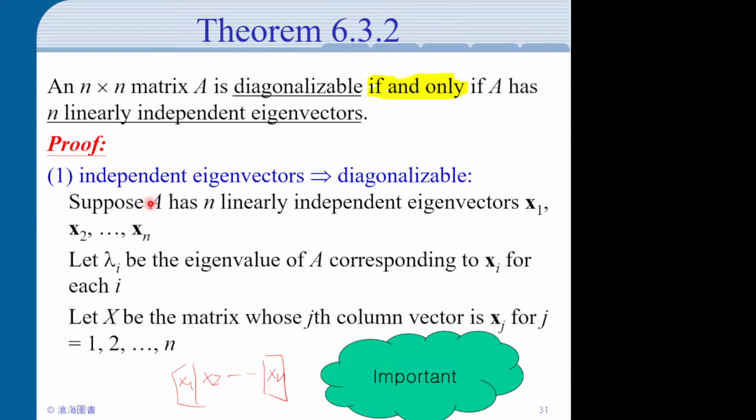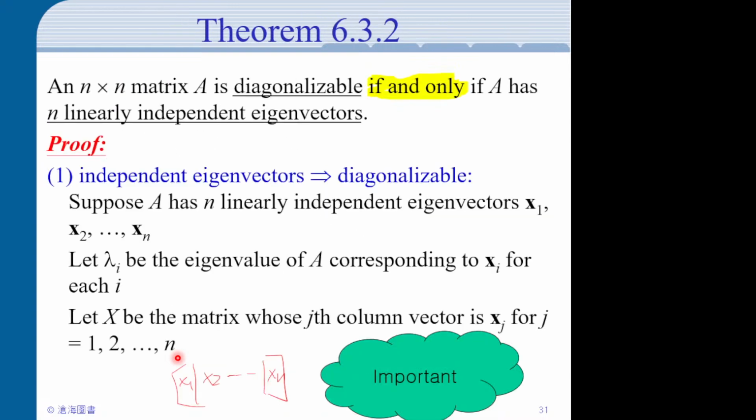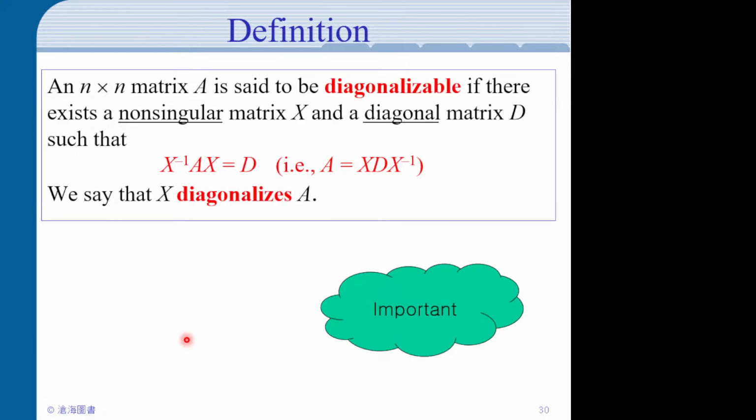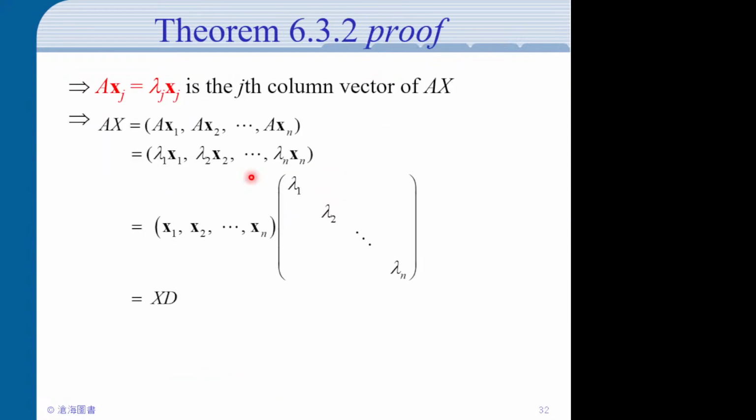This is our claim, but we need to check that this is actually true. We need to say X inverse A X is actually some diagonal matrix, and we try to show this from the eigenvector equation. Remember, all those x are eigenvectors, so A xj equals lambda j xj.